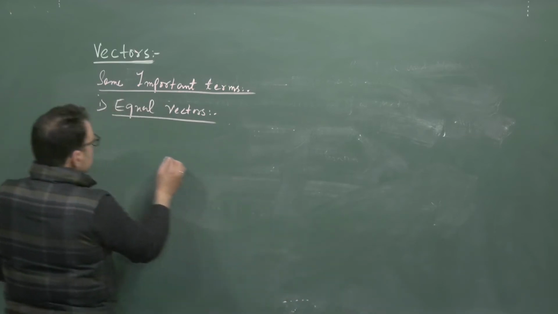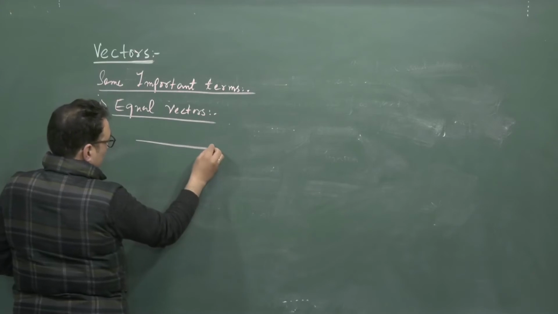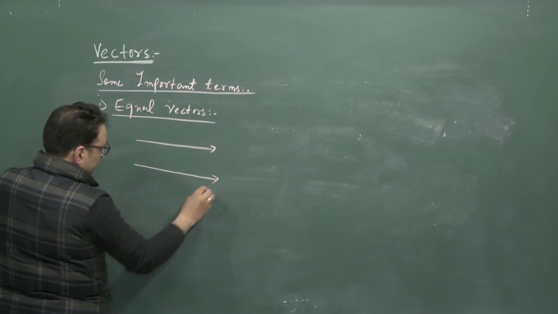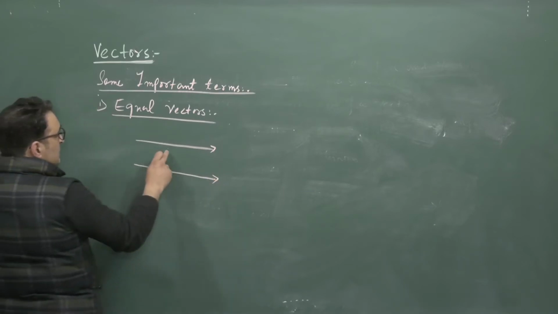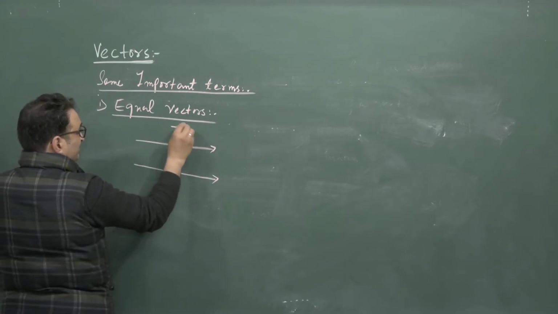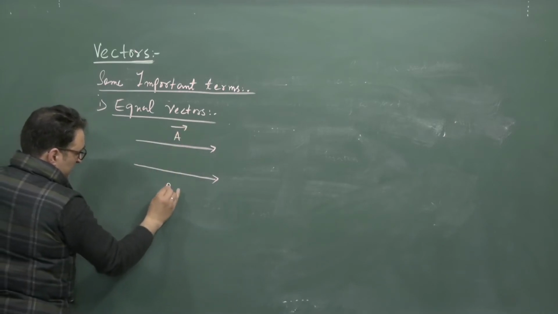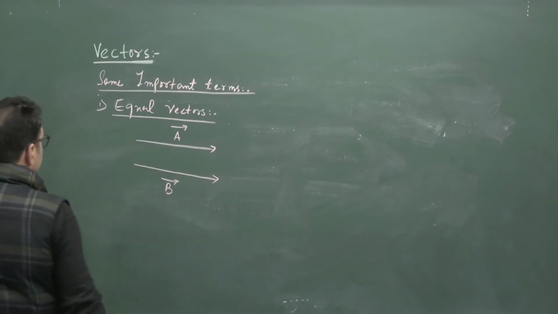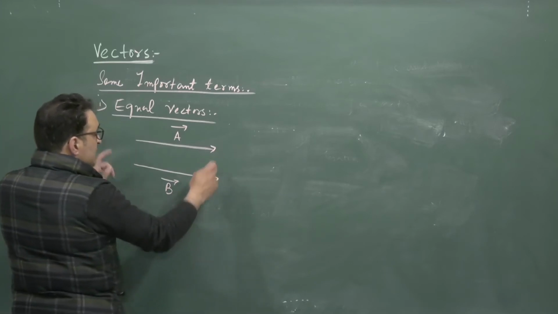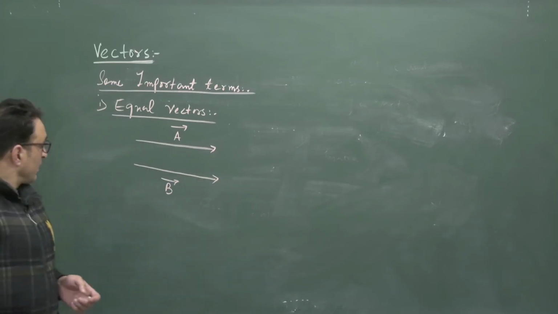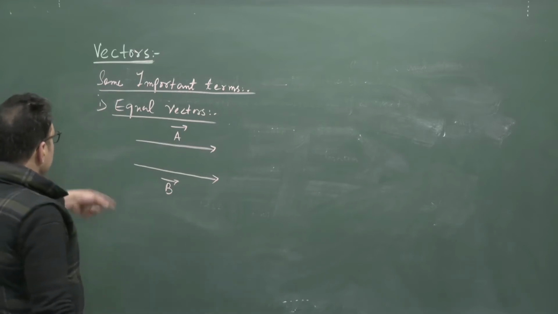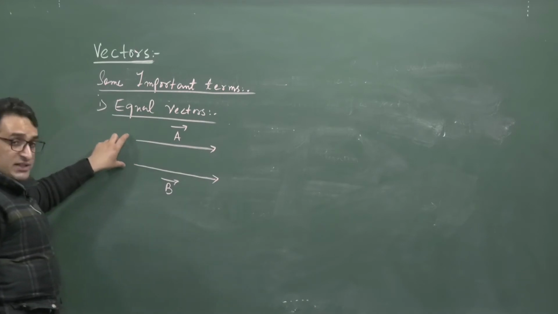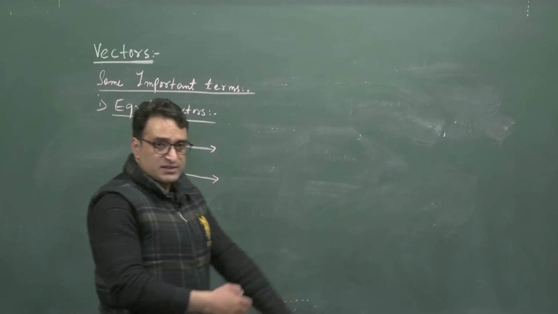Now let me draw the two vectors. Let me name this vector as vector A and this is vector B. As we see from the diagram, both the vectors have the same magnitude and both the vectors are acting in the same direction. Then we call these two vectors, that is A and B, as equal vectors.